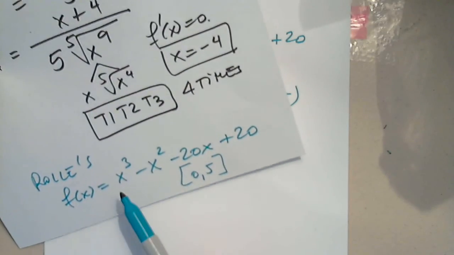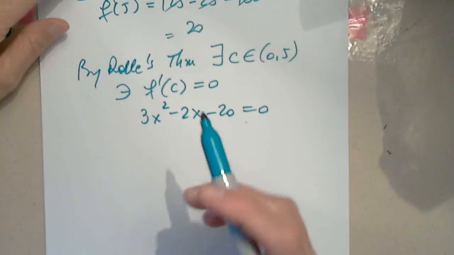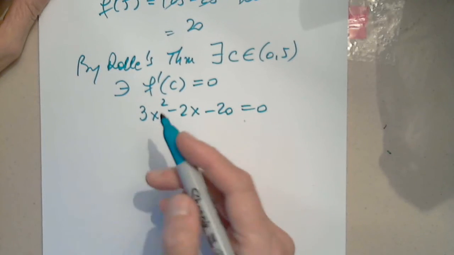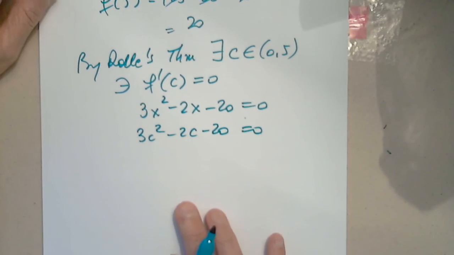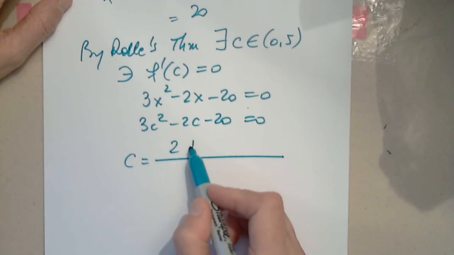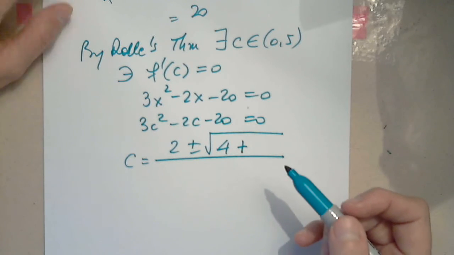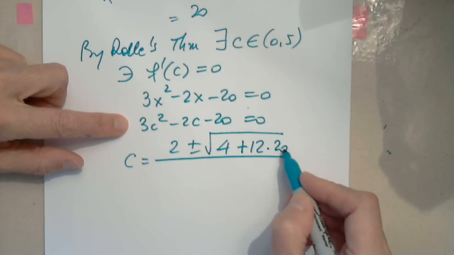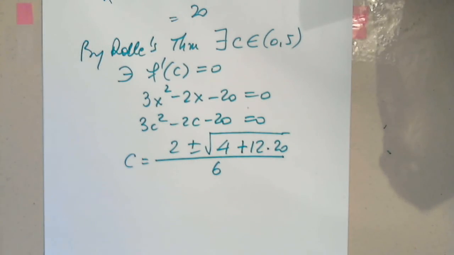That's our f prime. And yes, if I replace it by C or not, it doesn't matter. And that's what I'm talking about, the quadratic formula: negative b plus or minus the square root of b squared minus 4ac, 12 times 20, over 2a. I plug it in the calculator.